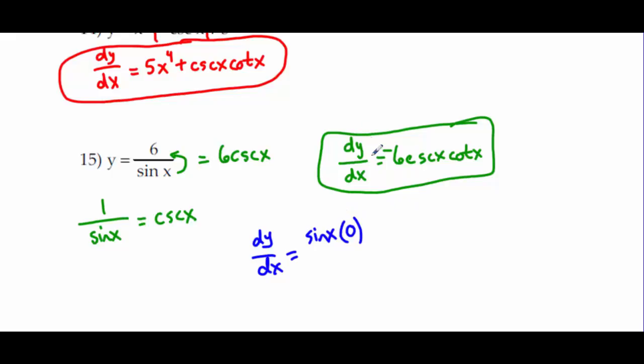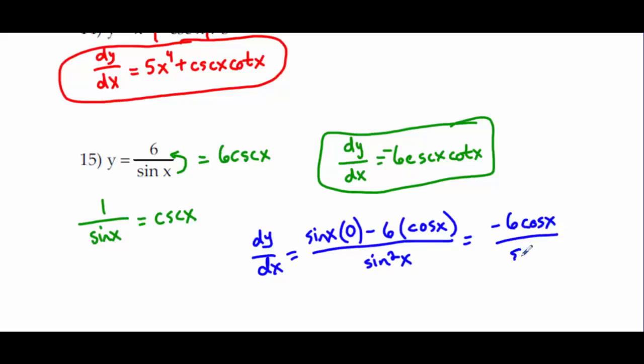The derivative of a number, the slope of a number, if I graph it, is just 0. Minus high d low. The derivative of sine is cosine. Over the square of the one below. Sine x, if I square it, is sine squared x. And so what I end up with is negative 6 cosine x over sine squared x.